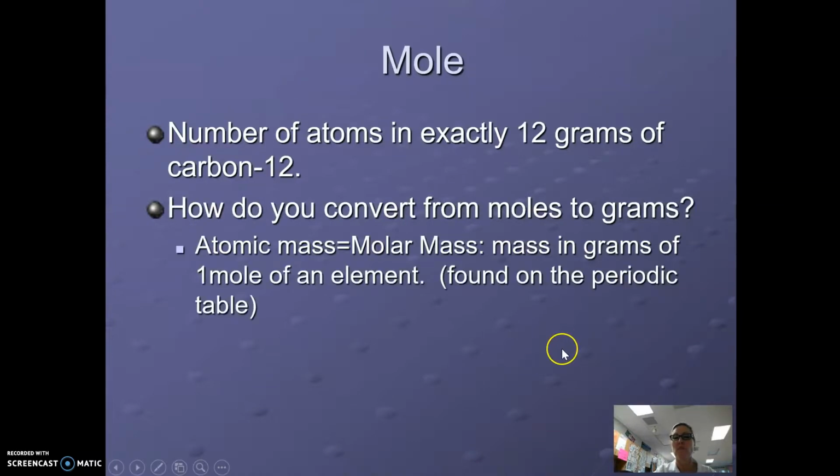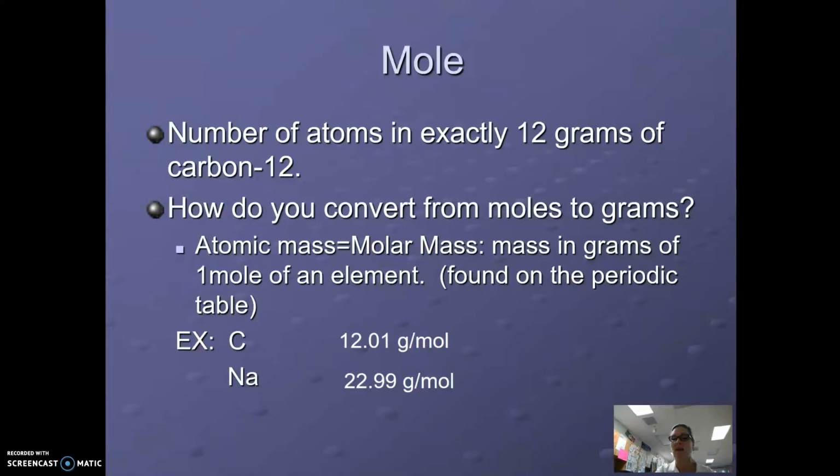So the atomic mass is also called the molar mass of an element, and we looked that up on the periodic table. So that is how many grams in 1 mole of that element. For carbon, it's 12 grams when we look up the relative atomic mass. For sodium, it's 22.99 grams per mole. For oxygen, 16.00 grams in every mole of it.